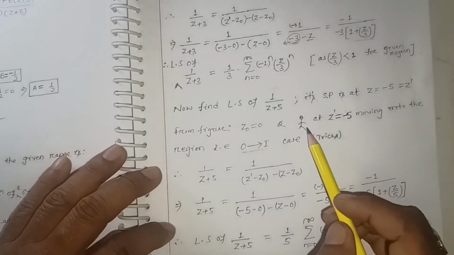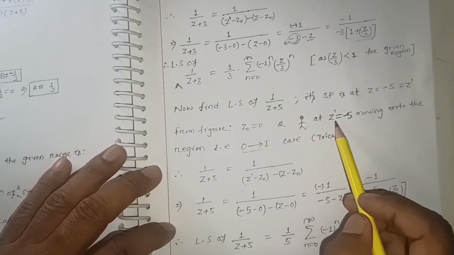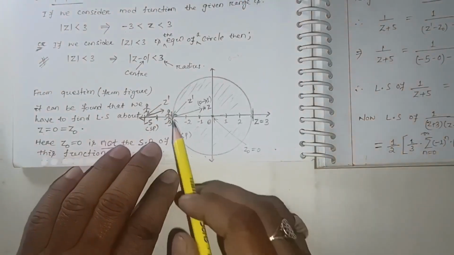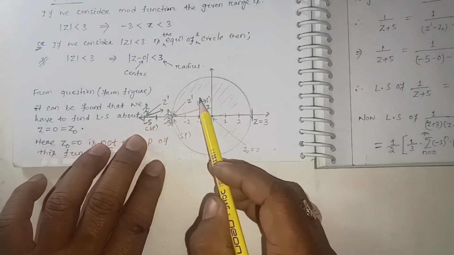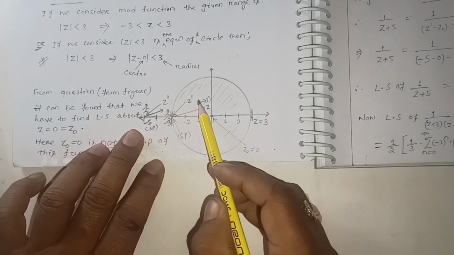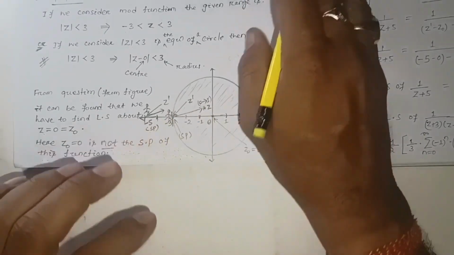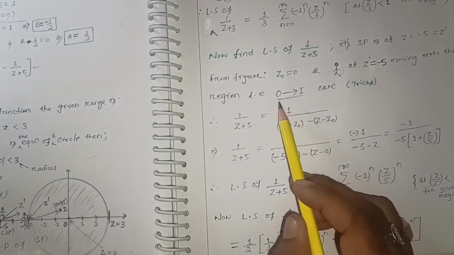Here I have drawn a figure: you are standing at z dash equal to minus 5, moving into the region. You are trying to move inside this region. That means it is the out to in case, and for this case z dash is your minus 5.